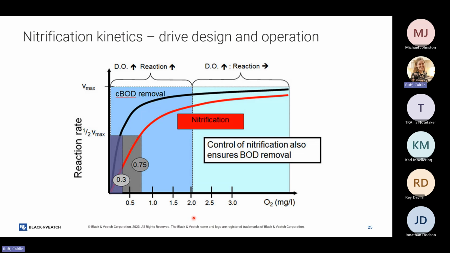Looking at this chart specifically, we're looking at how the rate relates to various DO conditions for nitrification. What's showing here is from 0 to 1, 1.5, 2. As we increase the DO concentration, we see a proportional increase in the reaction rate.